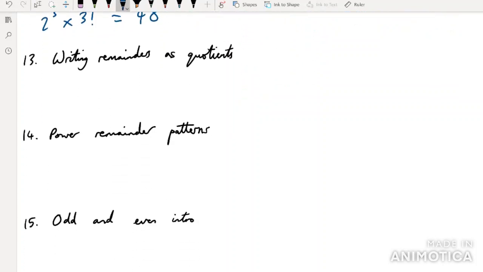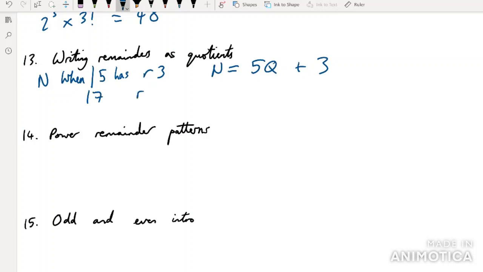Okay, the next thing is if you've got a question involving remainders, so let's say we know that some number n divided by 5 has remainder 3, we know we can write n as 5 of some number plus 3, and when divided by 7 has remainder 1, so n equals 7 of some other number, make sure you use different numbers, plus 1.